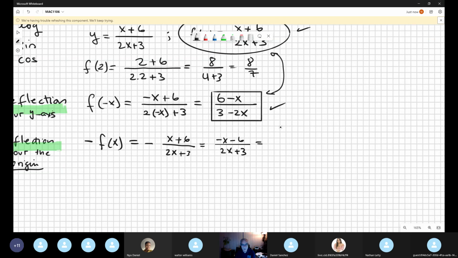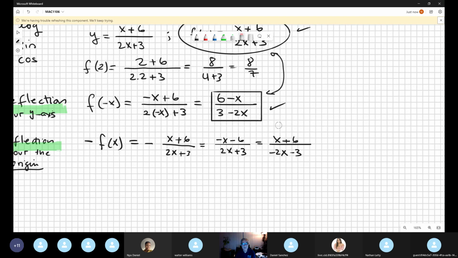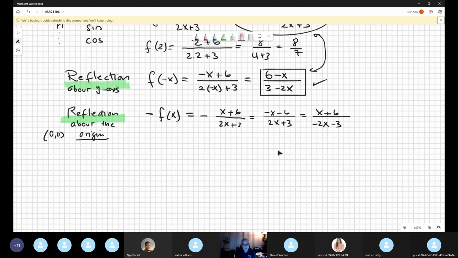Or in the bottom, why not? It says x plus 6 divided by minus 2x minus 3. This expression, guys, and this expression are equivalent and represent reflection. Minus outside, reflection about the origin. Minus inside, reflection about the y-axis.